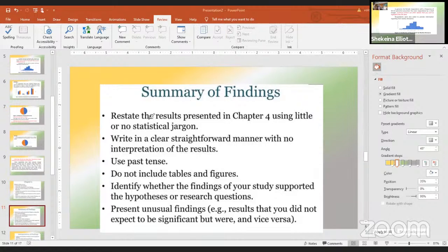So it says restate the results presented in chapter 4. And when it says to restate the results presented in chapter 4, you are coining it, or tailoring the report from chapter 4 into chapter 5.